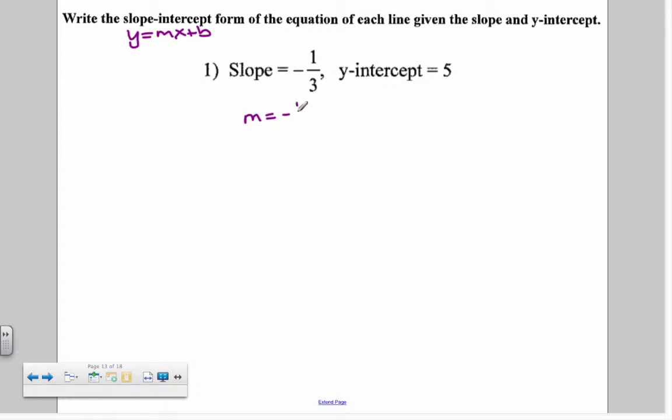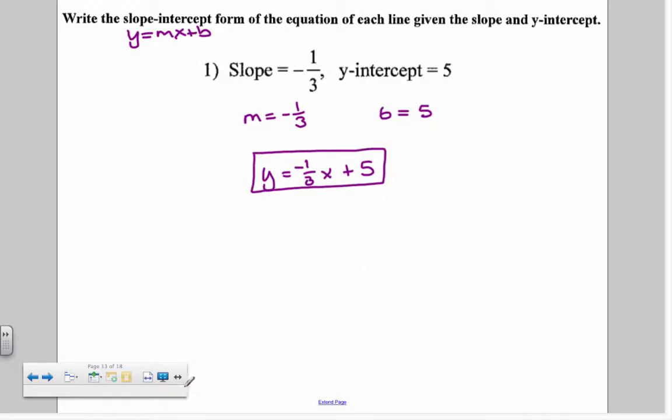So our slope here, m, is negative 1/3. And our y-intercept is our b. So our b is 5. So to write this equation in slope-intercept form, we'd write y equals negative 1/3 x plus 5. Now we have an equation of a line written in slope-intercept form.